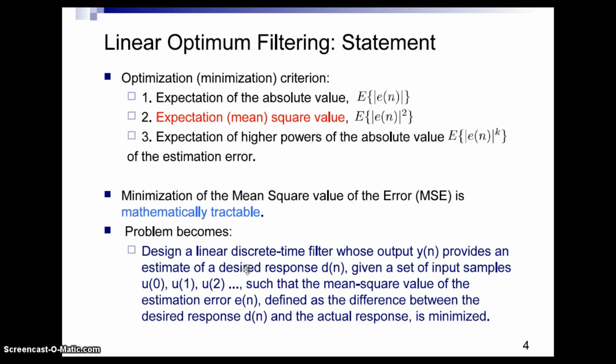The second approach highlights the error performance surface that describes the second order dependence of the cost function on the filter coefficients. We'll proceed by deriving the principle of orthogonality first, because the derivation is relatively simple and the principle is highly insightful. The first approach is the principle of orthogonality; the second approach is the error performance surface and the minimum mean square error.